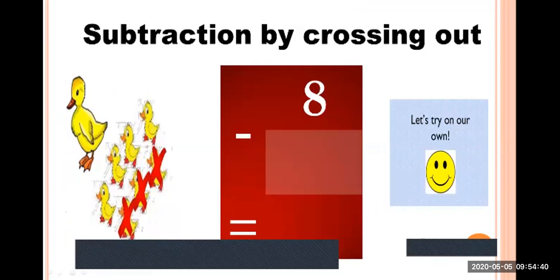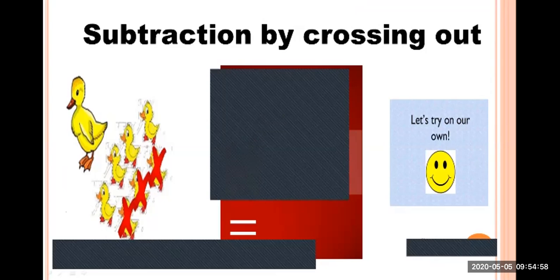So here is a quiz. You have to look at the picture carefully. Then you have to complete this subtraction sentence. And I'll call someone amongst you to do it with me. The first in the list is Abdul Manan.